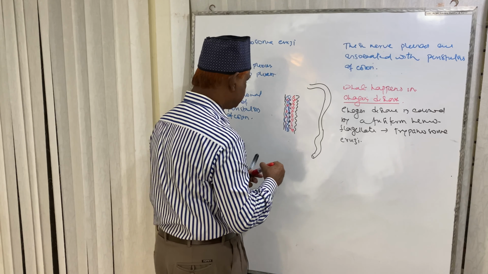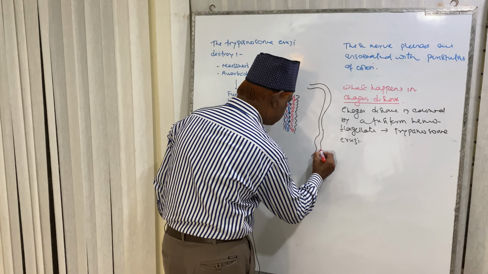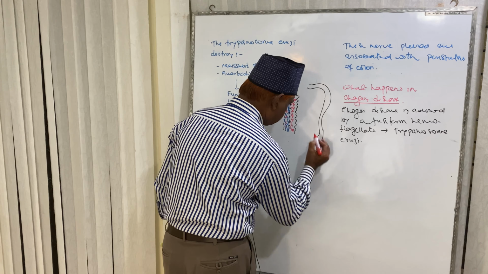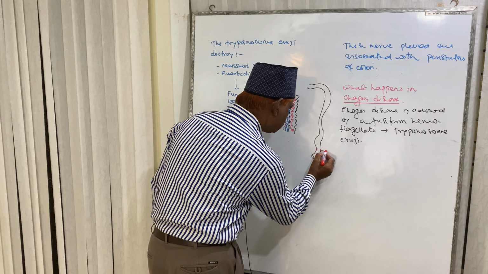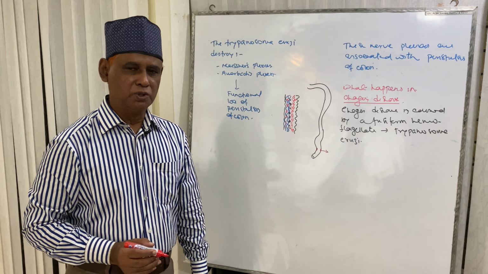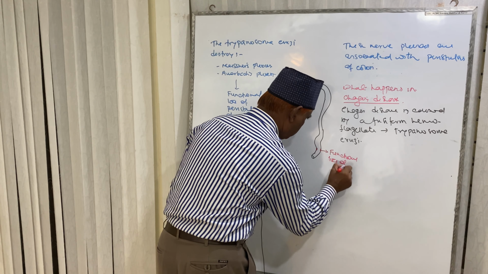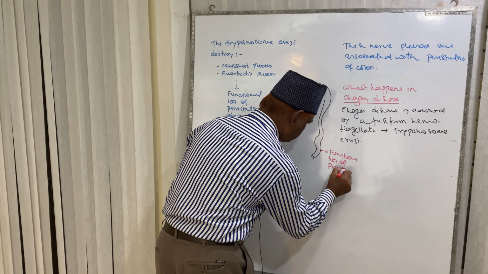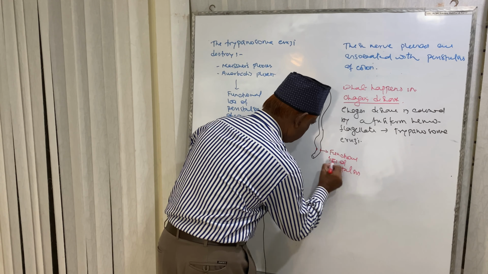and if there is loss of Meissner's plexus and Auerbach's plexus here, in this part there will be functional loss of peristalsis. As there is functional loss of peristalsis in this segment, there will be colonic obstruction.